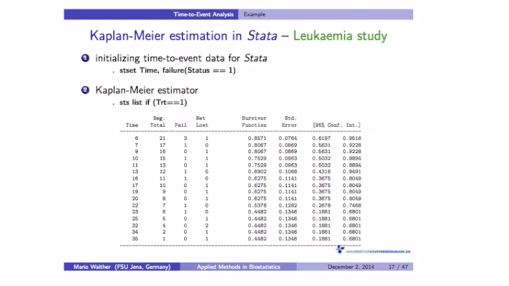And if means that I want to restrict only to the treatment group. So if you omit if and this expression, then you would get a survival table for all 42 patients, including patients from the placebo group.